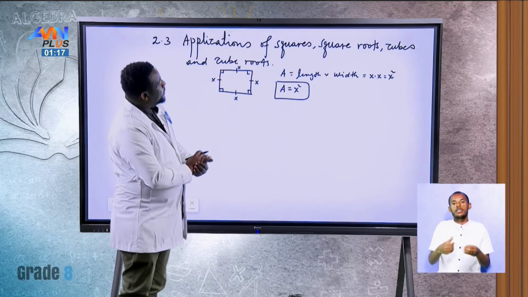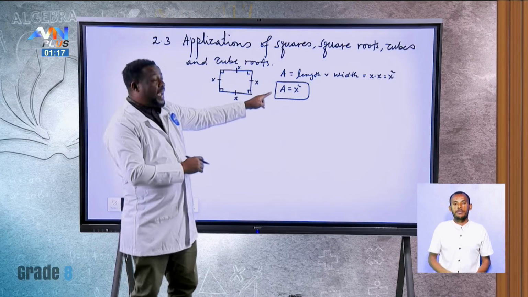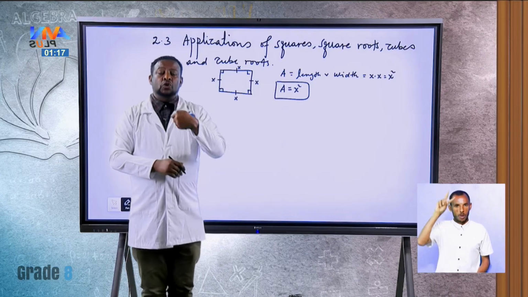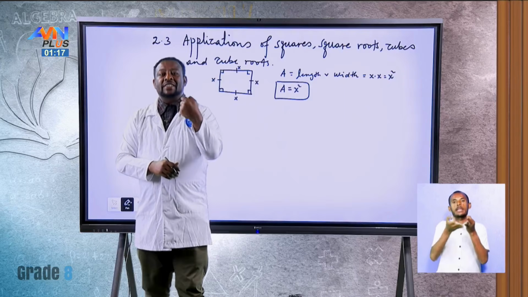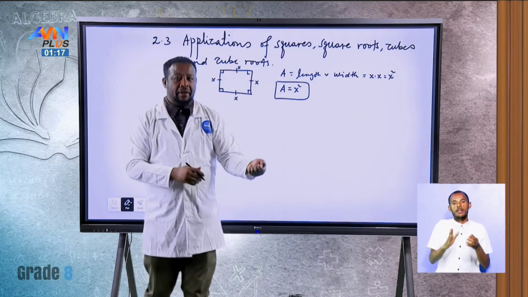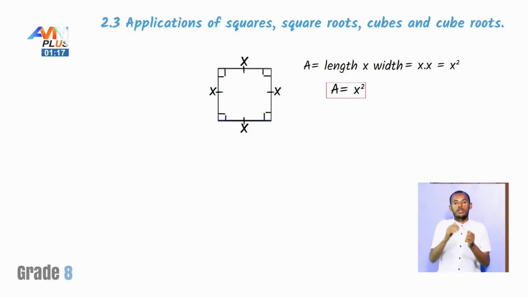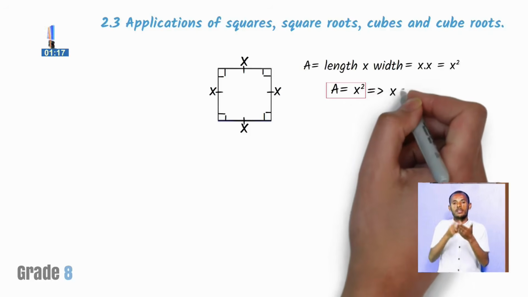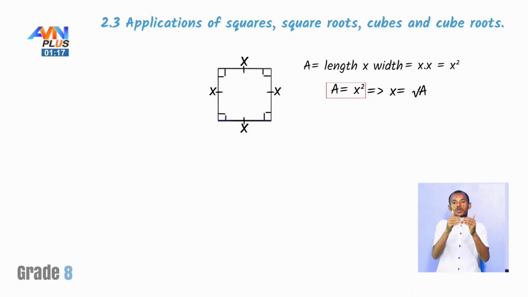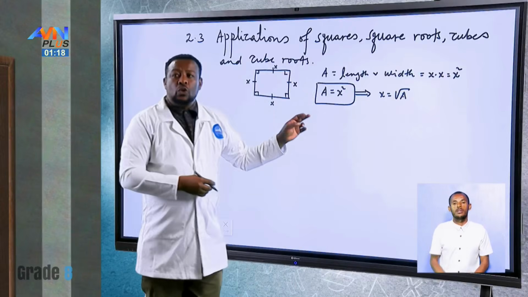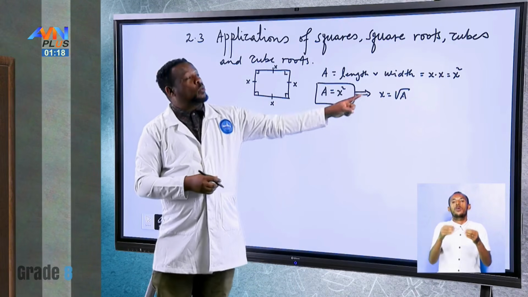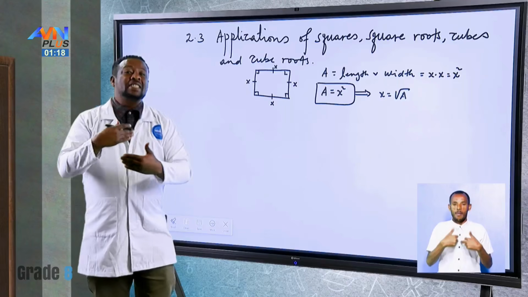The other thing, if A is x squared, you can express the side in terms of the area, right? So taking both sides by radical, this gives us x is equal to square root of A. Okay, these two equations have the same meaning.